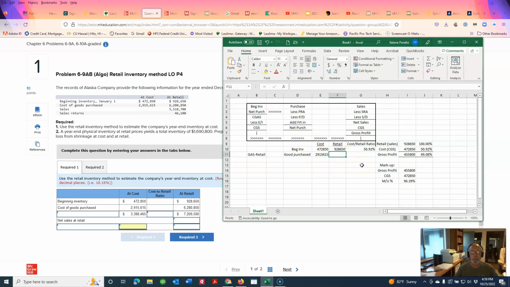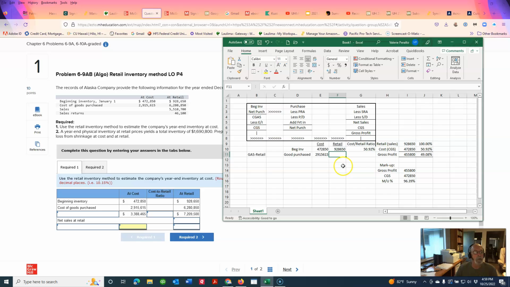And again, we can calculate the retail using either our cost to retail ratio or our markup percentage, depending on whether we're working with our retail amount as a starting point or our cost amount as a starting point.